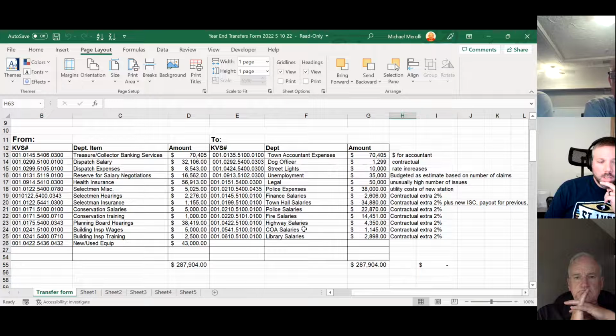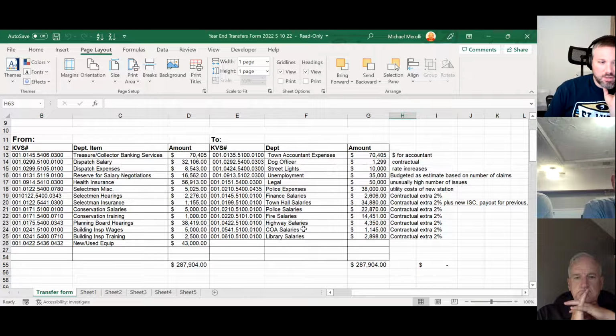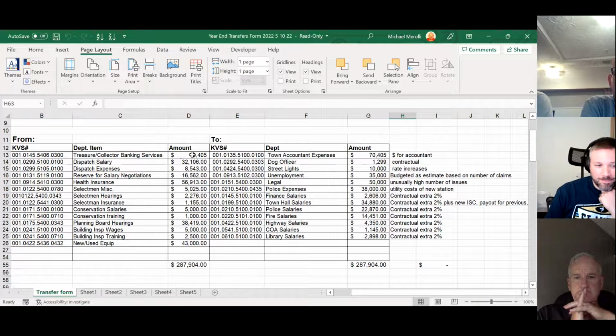Okay, so this is just a general from-to list. It's not line item by item. That's correct. Okay, because that was my confusion. I'm like, well, how are we moving $32,000 out of the same dispatch salary? It was just a coincidence that the treasurer collective banking services and town accountant expenses were the same amount of money. Okay.